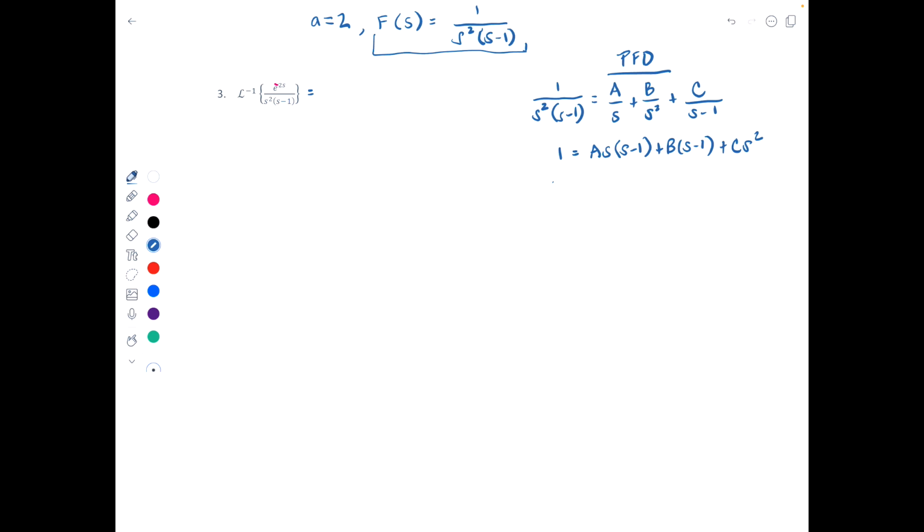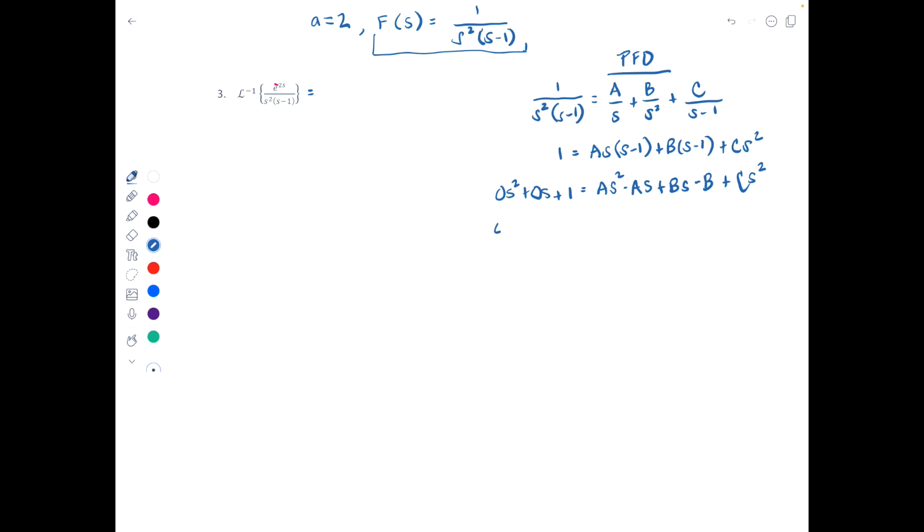And so 0s squared plus 0s plus 1 is equal to as squared minus as plus bs minus b, I didn't do that on purpose, and then plus cs squared.